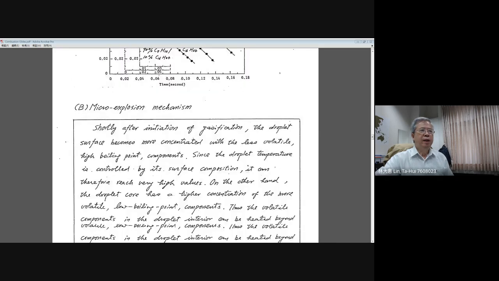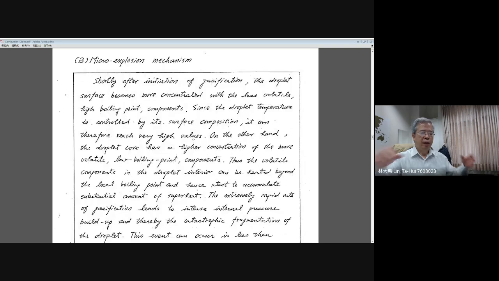In this case, you will figure out in the initial period, suppose you evaporate a certain amount of the low boiling point fuel out. Therefore, most of the fuel on the liquid surface is higher boiling point material, right? At this moment, as I described earlier, you need to spend some time heating up to their boiling point, then they have a chance to start to evaporate.